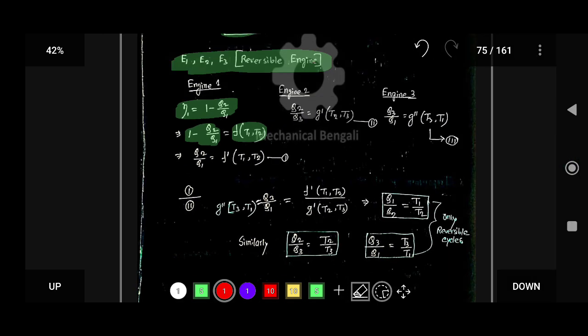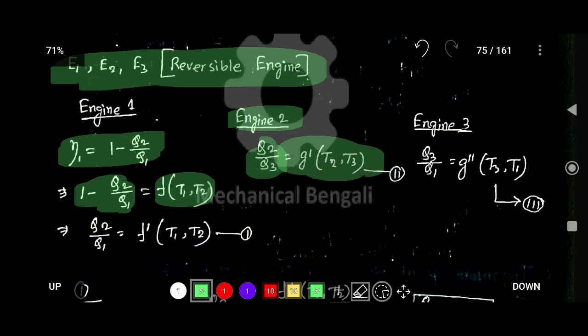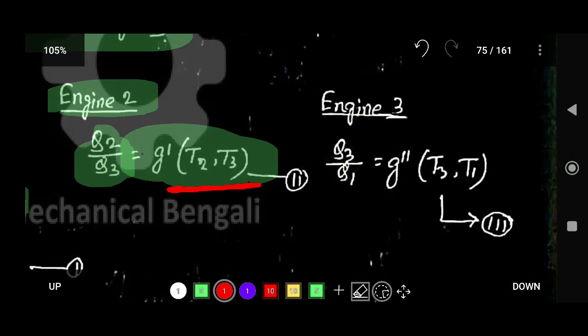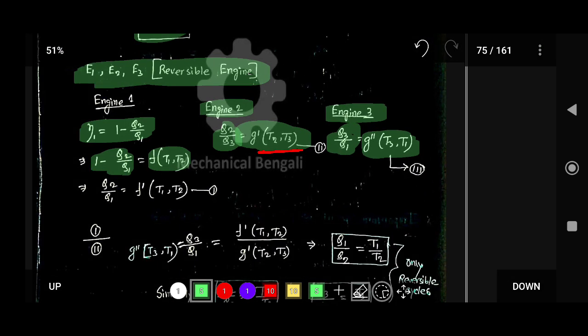For engine 2, Q2 by Q3 is a function of T2 and T3, and from engine 3, Q3 by Q1 is a function of T3 and T1. Okay, so from here you can see the proof.